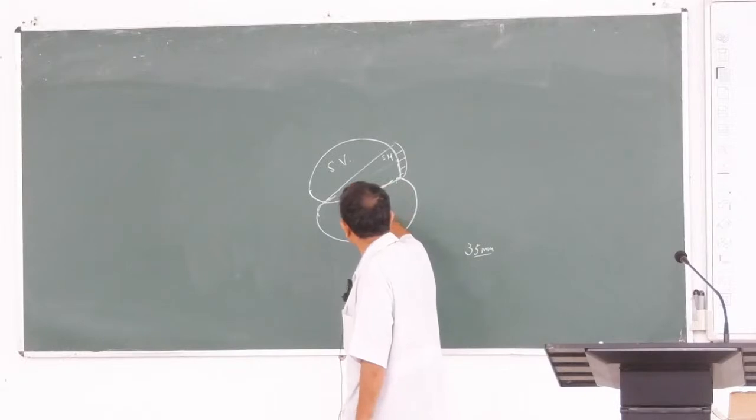And organ of Corti contains this type of structure, rods of Corti or pillar cells.